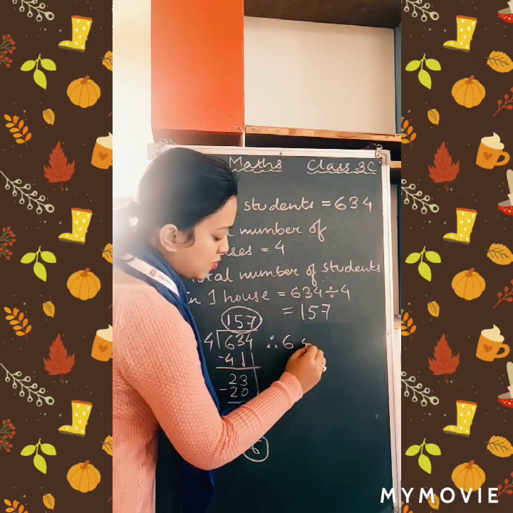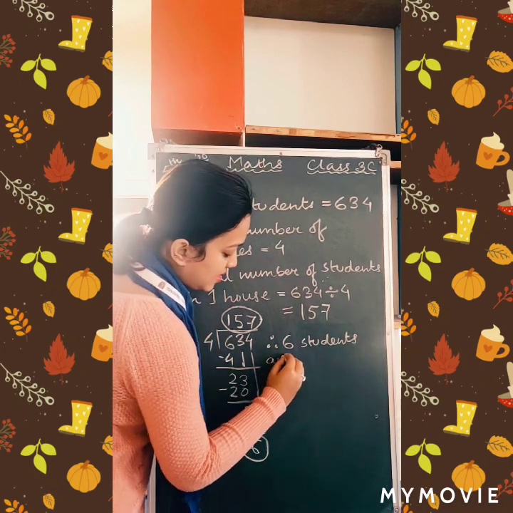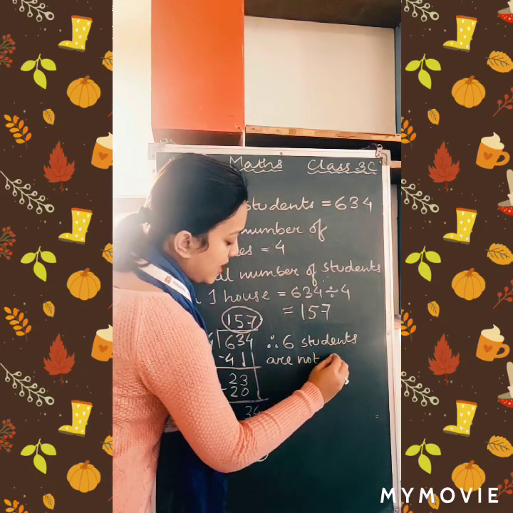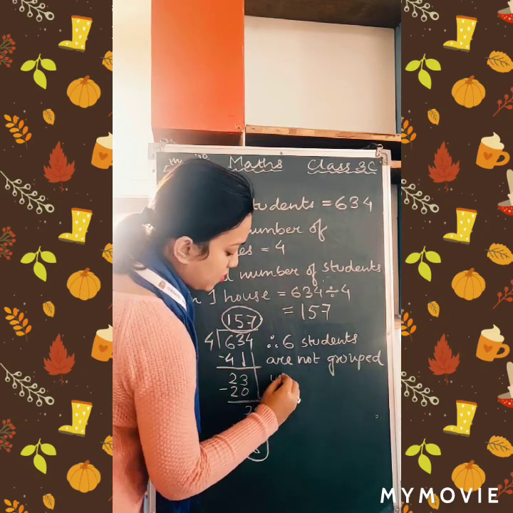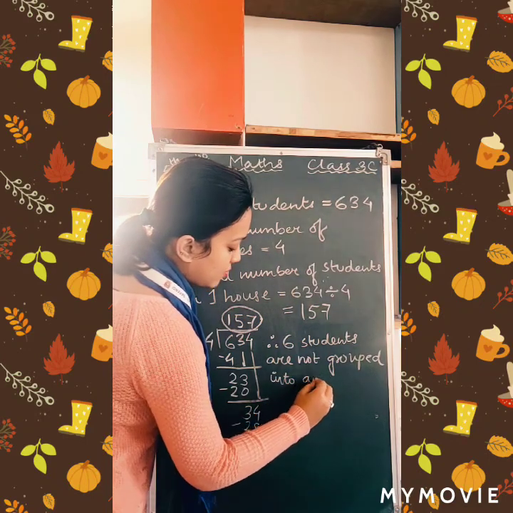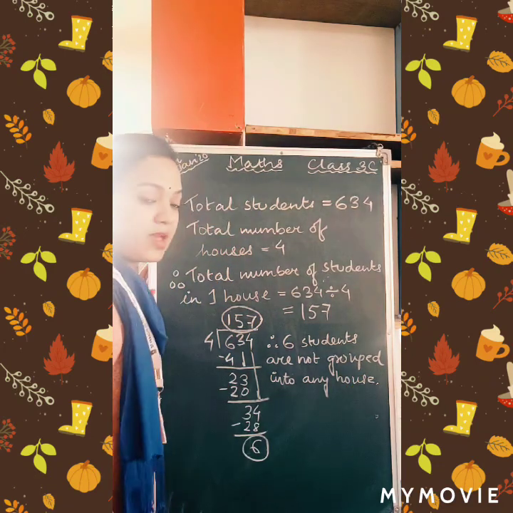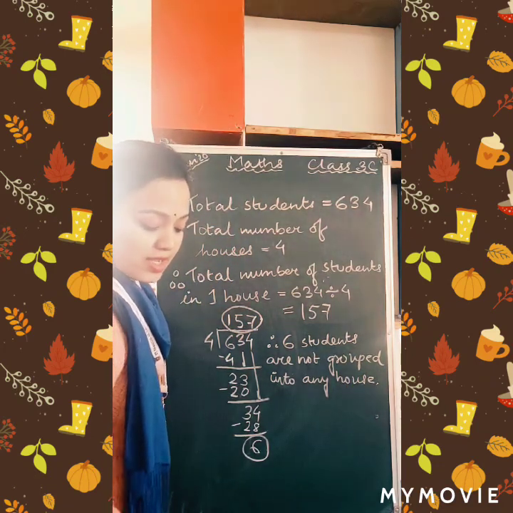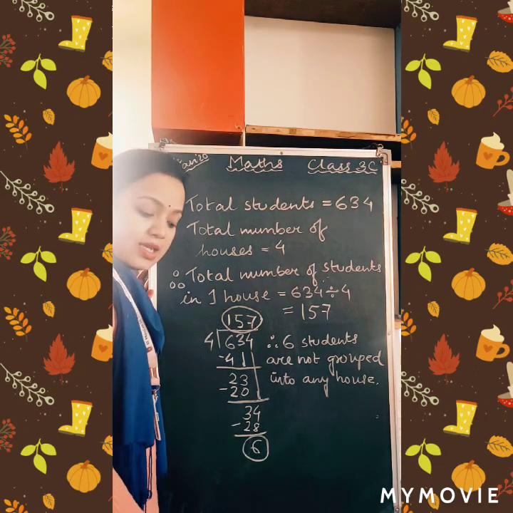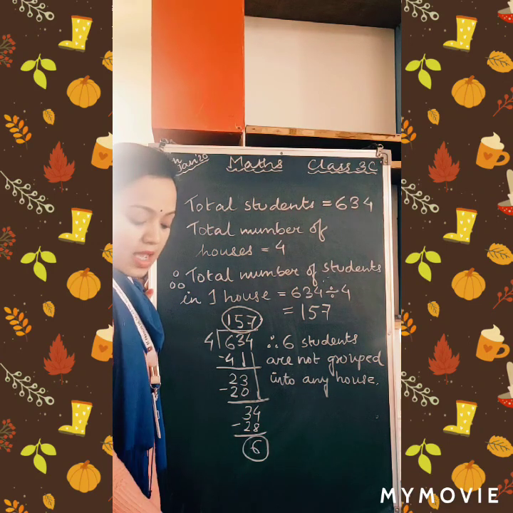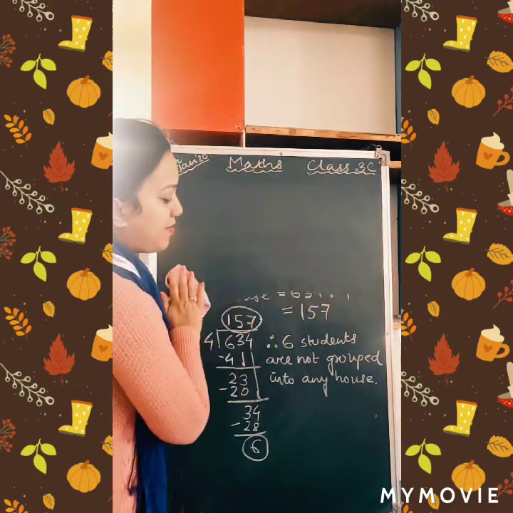Therefore, 6 students are not grouped into any house. In this way you can use division, your question as one answer and your remainder as a different answer.